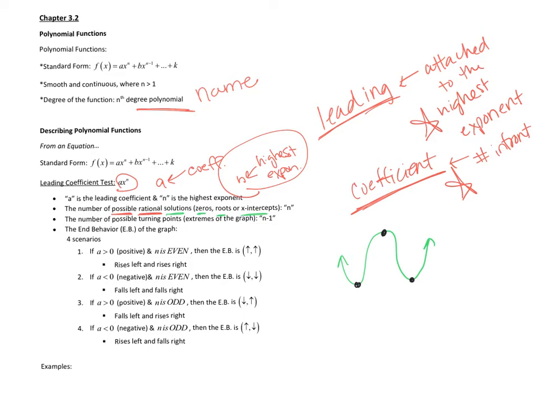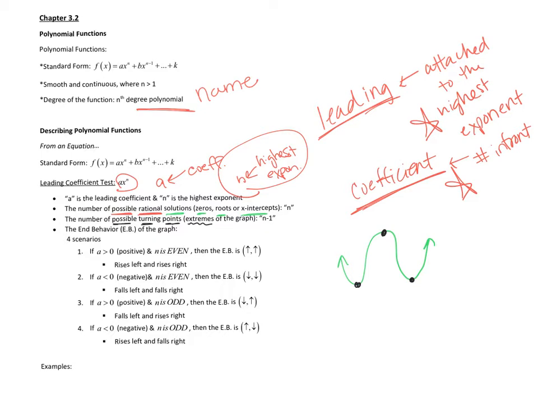The reason we call them turning points is because at this point, we don't want to classify, oh, there's two minimums and one maximum. We don't want to know that. We just want to know how many times will it turn and change directions from increase to decrease or decrease to increase. So that's what we call our possible turning points. Okay. Remember, another way to call it as an extreme of the graph, we could classify it as maximums and minimums.